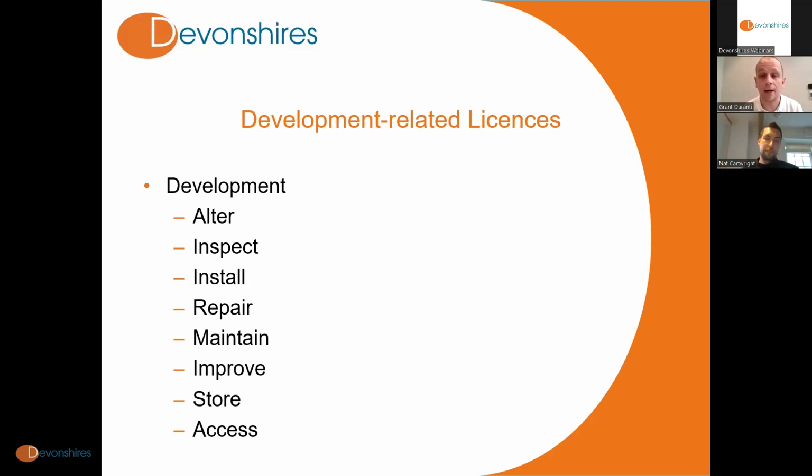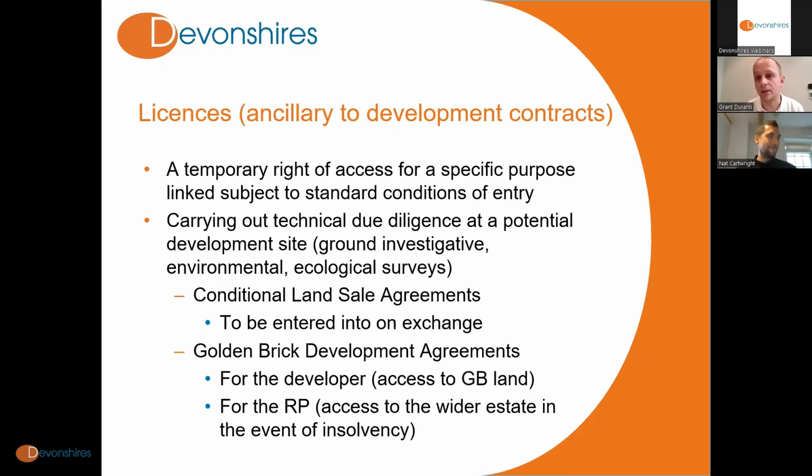For example, if you've got a garage or even just a development site, you may be looking to erect a site office, or just generally access through the right of way, or covered by a licence. And with that, I'll hand over to Nat to talk further about licences.